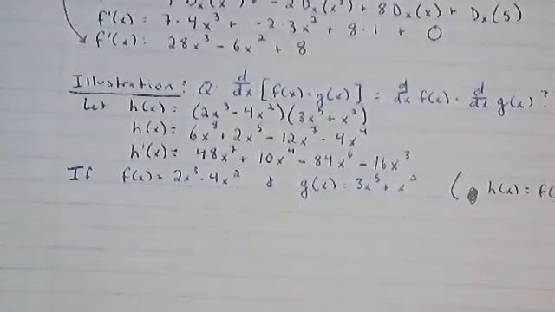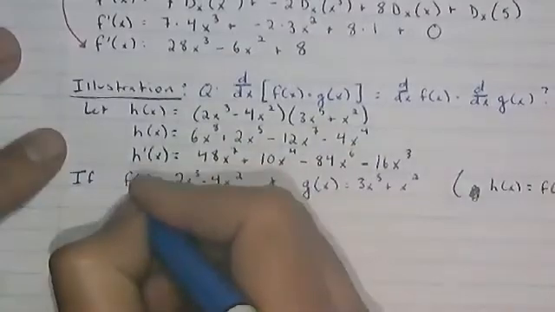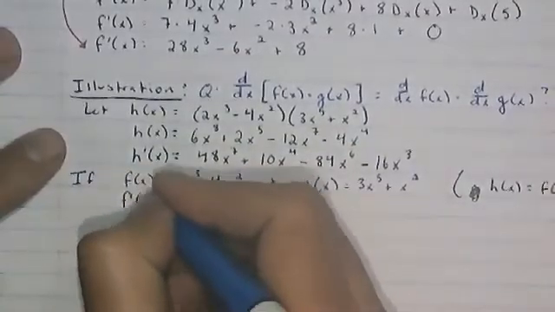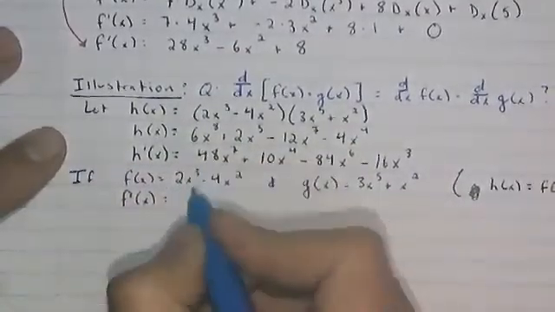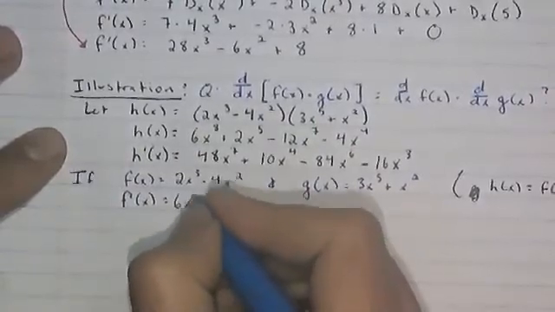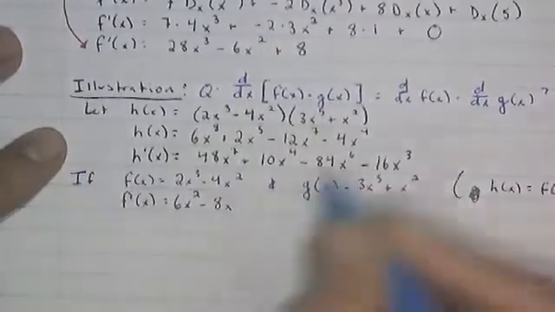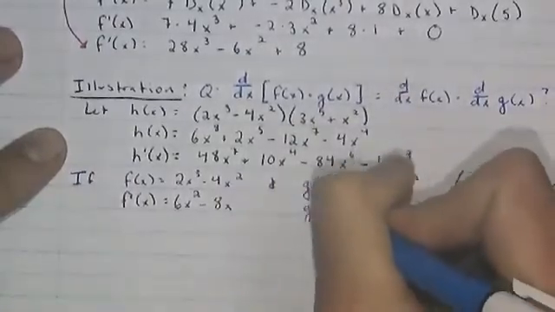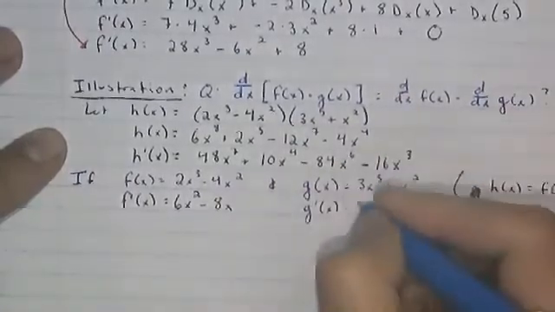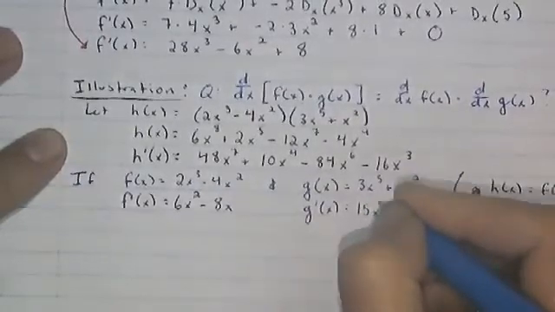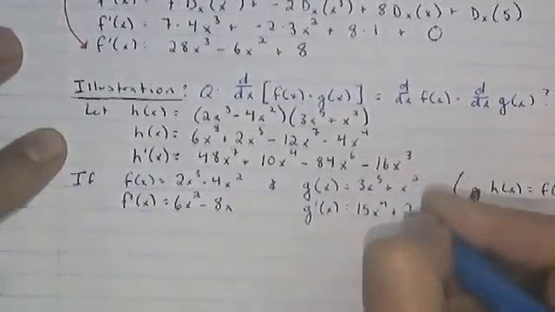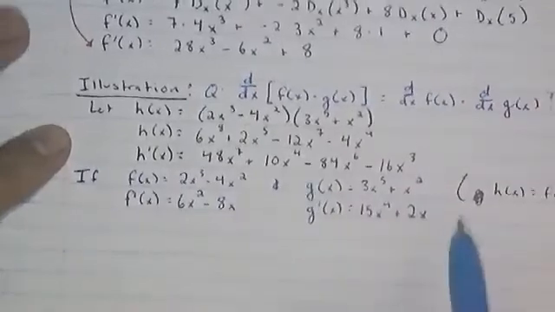Well, let's look at these derivatives separately. f prime of x would be 6x squared minus 8x. And g prime of x is going to be 15x to the fourth plus 2x. Power rule, power rule.